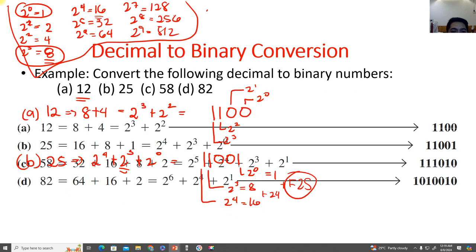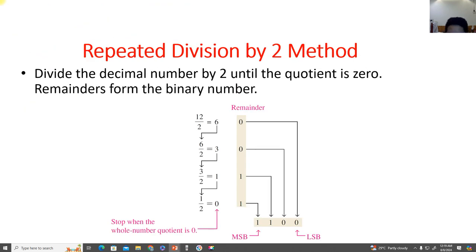We can have another method of converting decimal into binary by using the repeated division by 2. So, for example, you are going to convert 12 into binary. What you are going to do is to divide this 12 by 2 consistently and get the remainder.